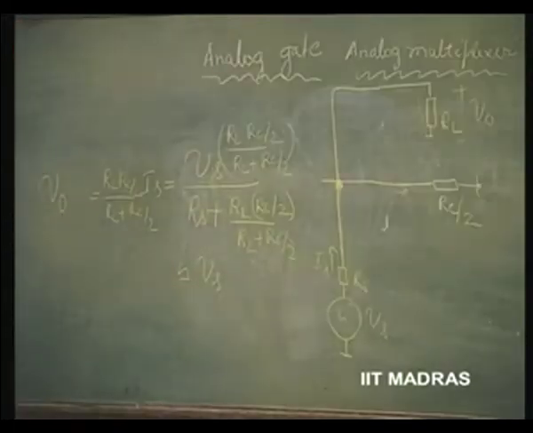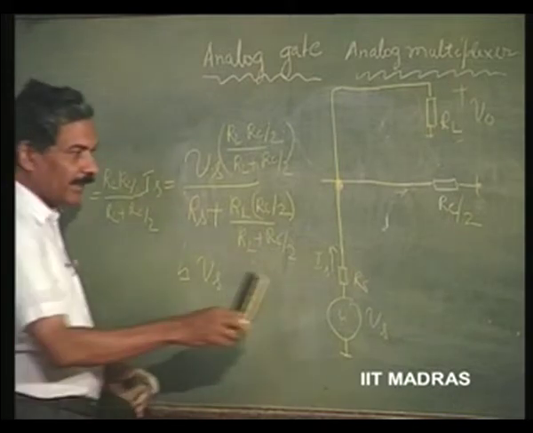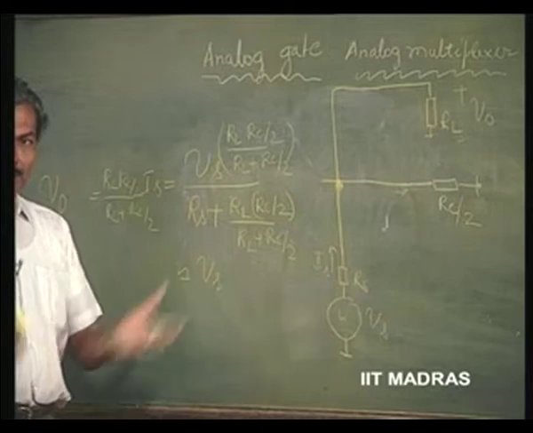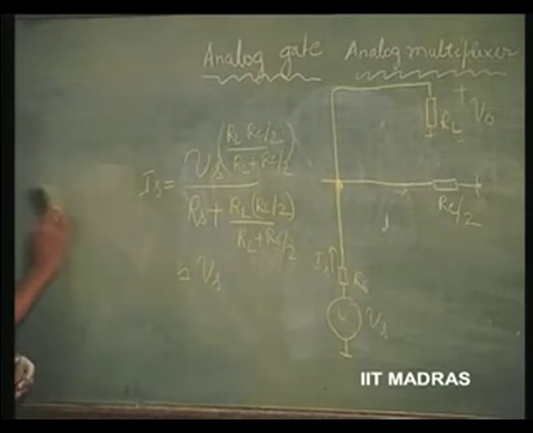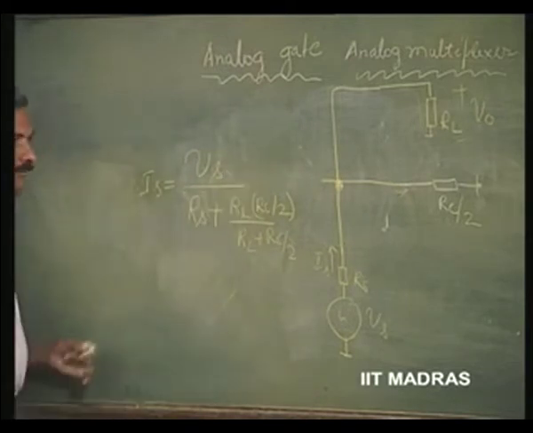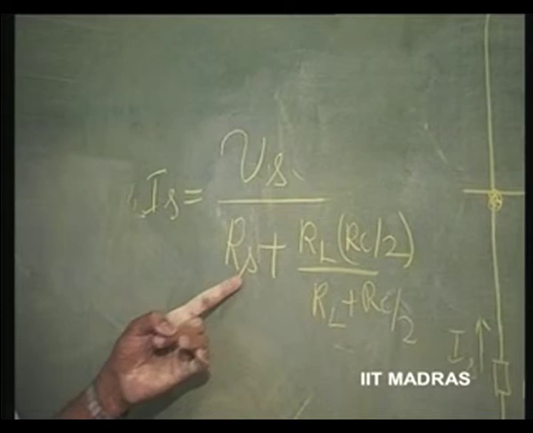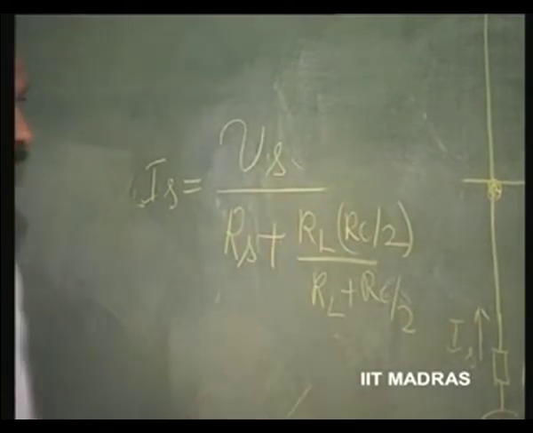Now, what happens to our signal if signal amplitude increases enormously? So, we have here seen that this Is is going to split equally. So, what is the value of Is? The value of Is is simply this. This is the Is. This is going to split equally in the two diode branches.